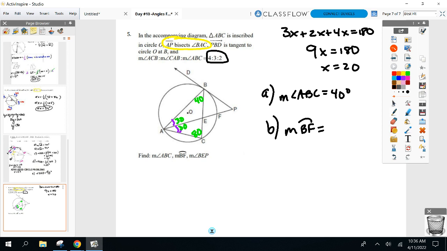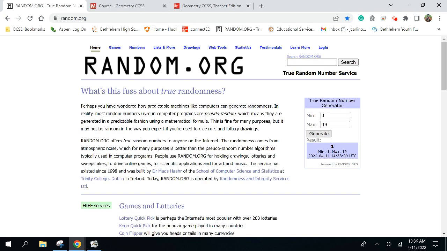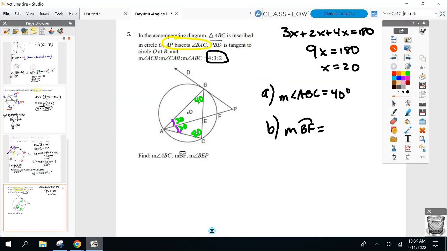Anything? Anybody see an angle that's drawn to BF? Is it angle AEC? Okay, that's a floater. I want to try to get there a little bit more direct though.